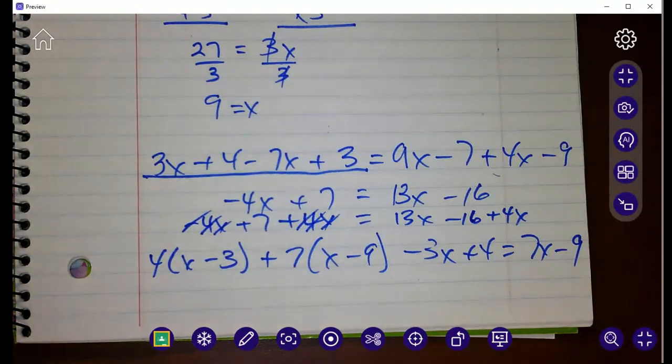And the entire idea is to get the x so that it's by itself. So there may be x's on both sides. We've got to get all of the x's together on the same side.